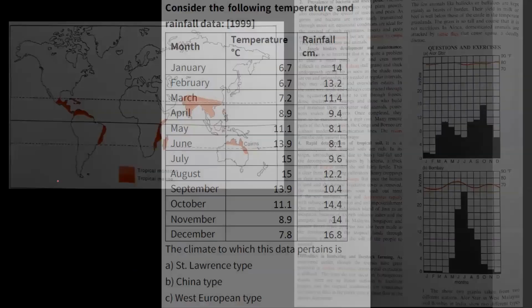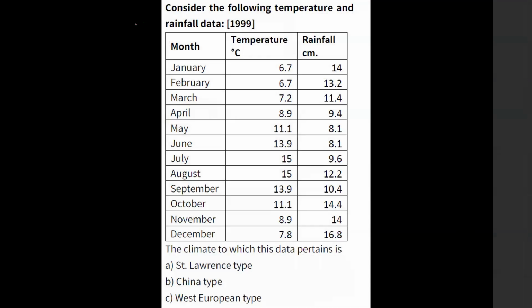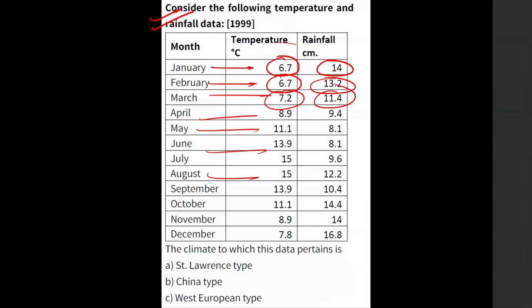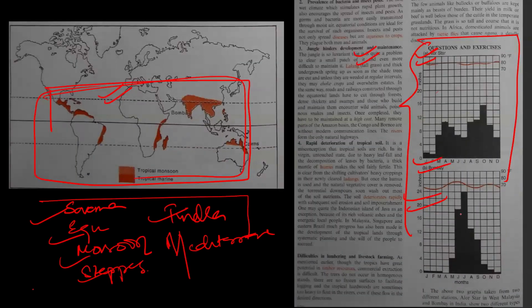Again, you see another type of question. They will give you a table like this, with temperature and rainfall for every month, and they will ask you which type of climate. Again, this you will only get to know by reading this.